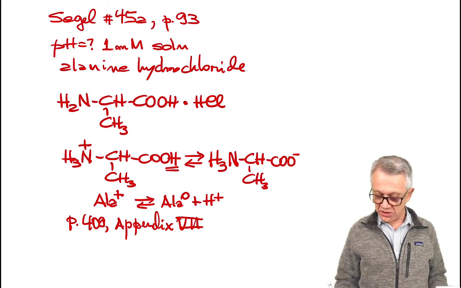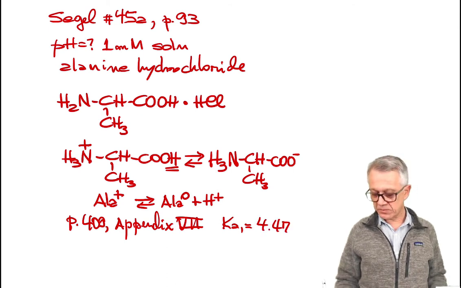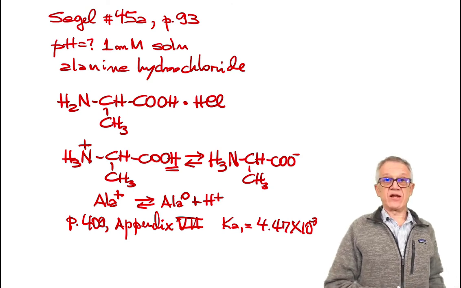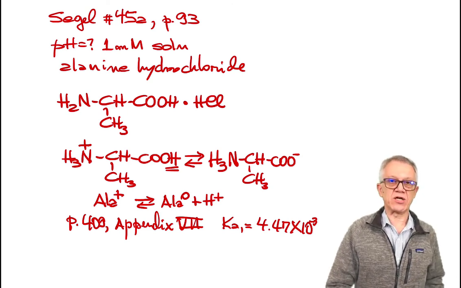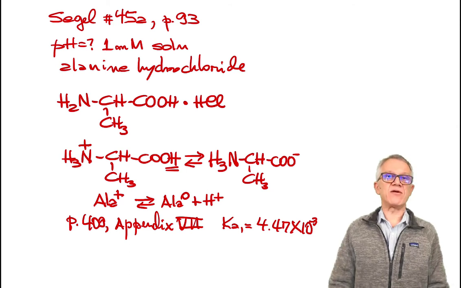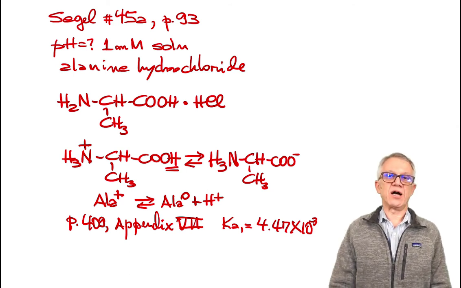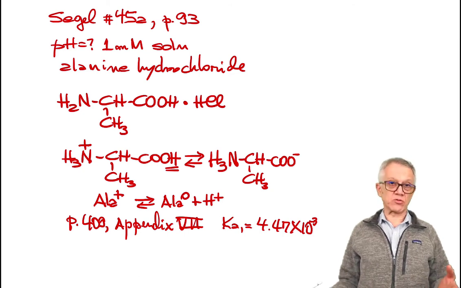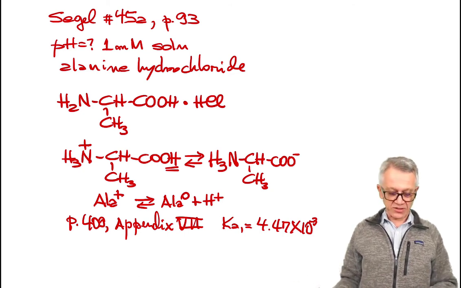So the Ka1 for the carboxylic group is 4.47 times 10 to the power of negative 3. It's a very large Ka, because as you know, the pKa for the carboxylic group is very small. So it's a stronger acid than acetic acid, for example.